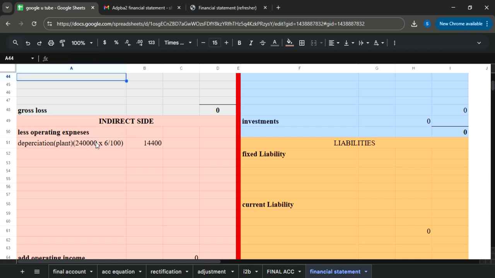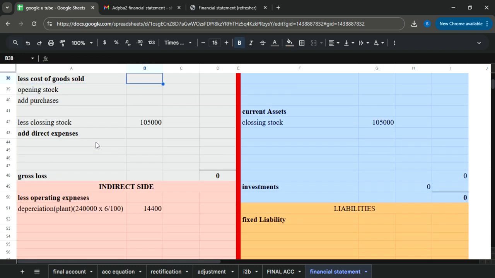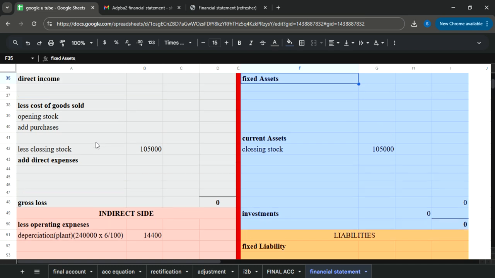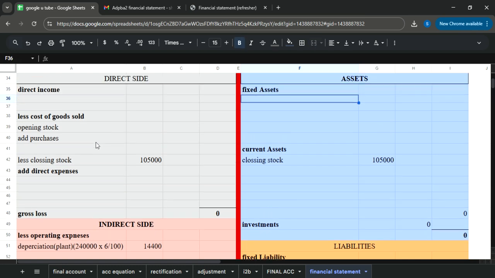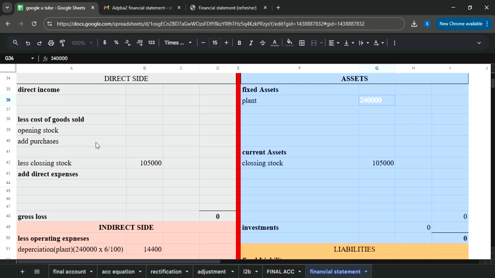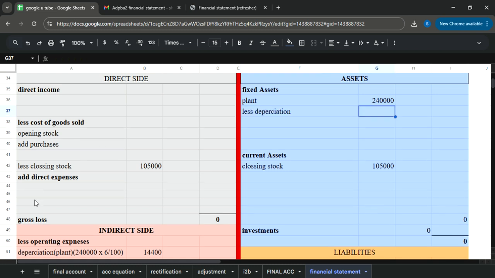So you will shift to fixed assets, and here as the first step you will write the plant value, which is 240,000, and you will subtract the depreciation amount which you have just calculated, 14,400.